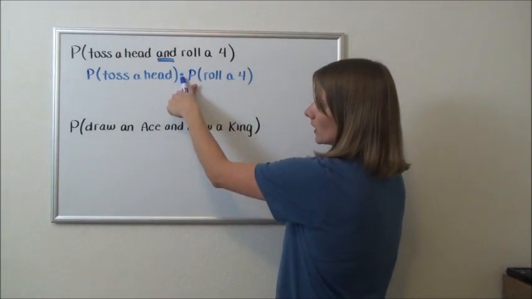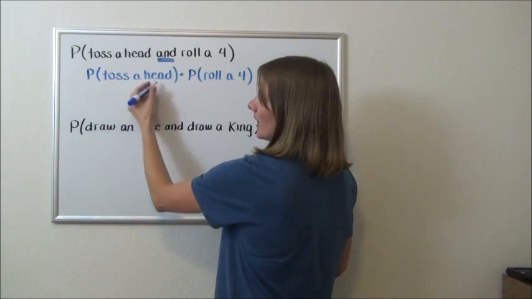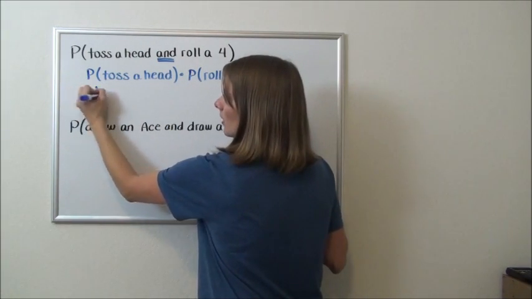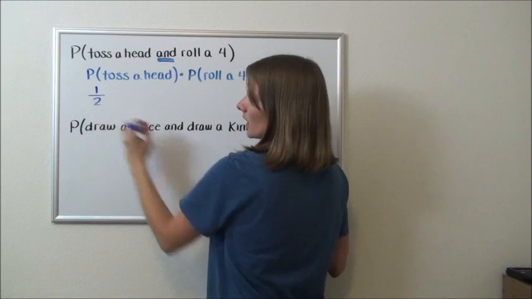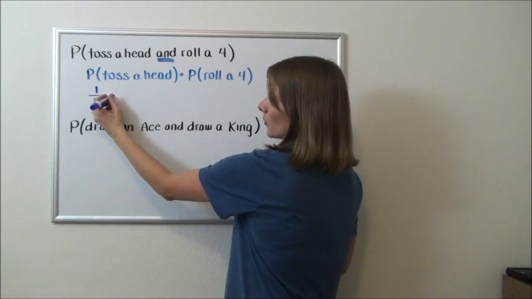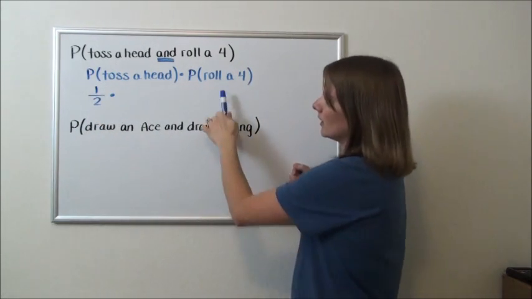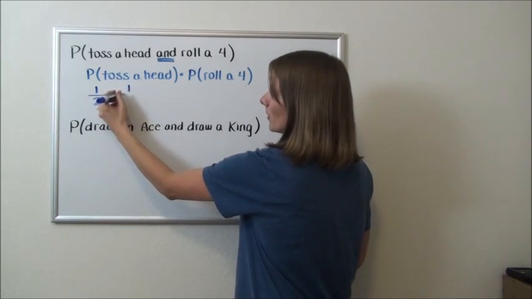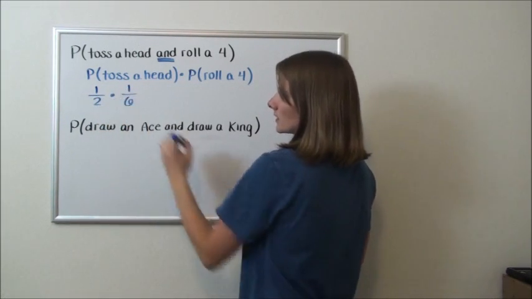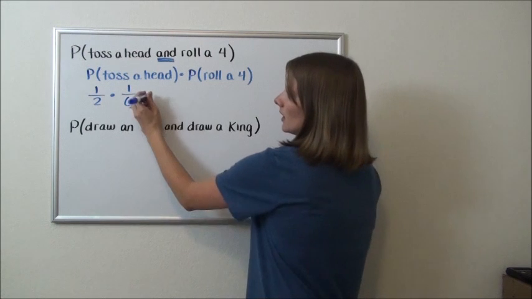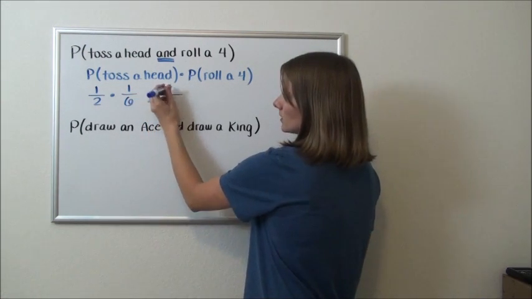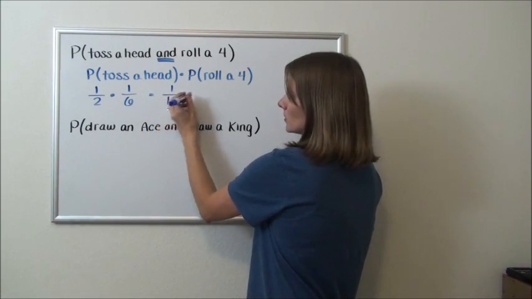When I toss a head, there's only one head on the coin out of two sides, so I get 1/2. Rolling a 4, there's only one 4 on a 6-sided die, so 1 out of 6. I multiply fractions straight across, so that should give me 1/12.